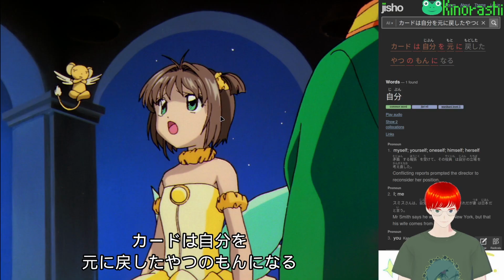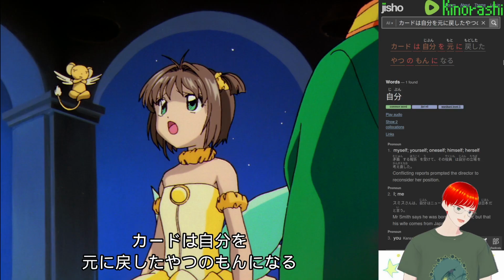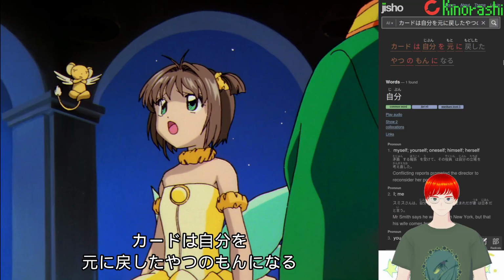The card will belong to the one who returned it to its original form. Okay, let's see. So card wa, as for the card, okay. Jibun wo moto ni modoshita, who returned me to my original.